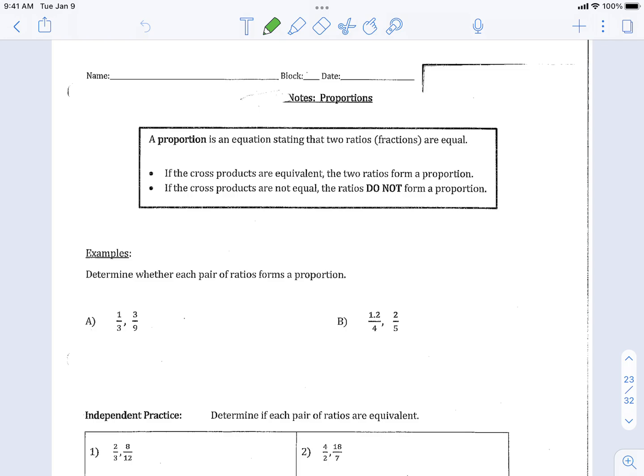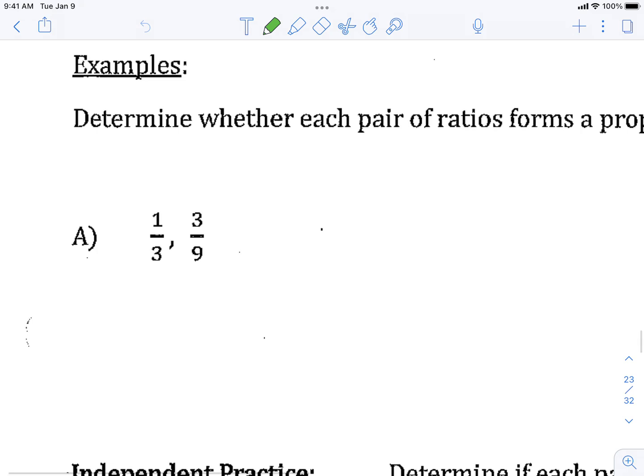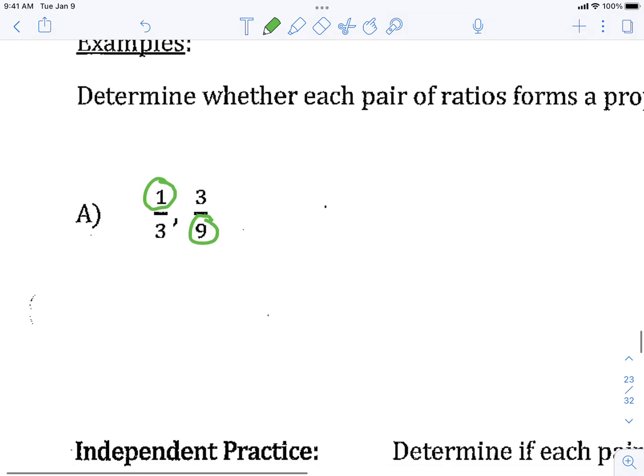What we mean by cross products is we're going to take two ratios, like we see in A here, and we are going to cross multiply. Cross multiplying means you're going to take the numerator of one fraction and multiply it by the denominator of the other fraction. When I take those, 1 times 9, I get 9.